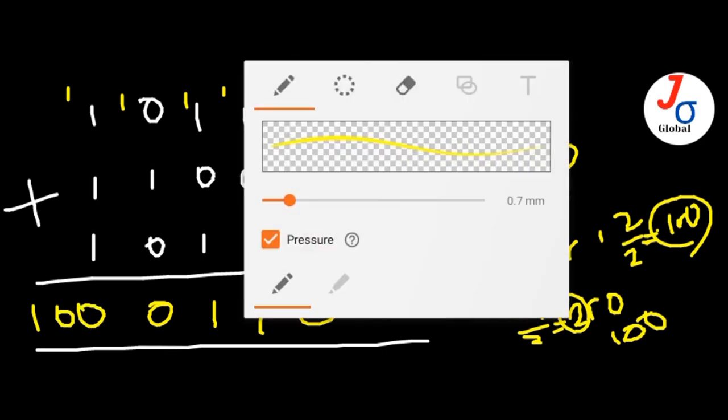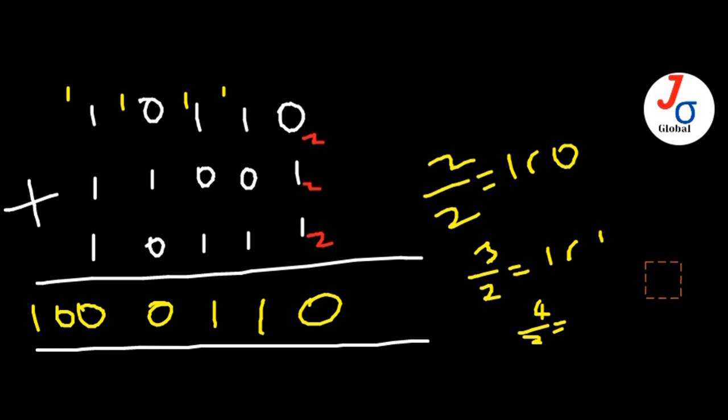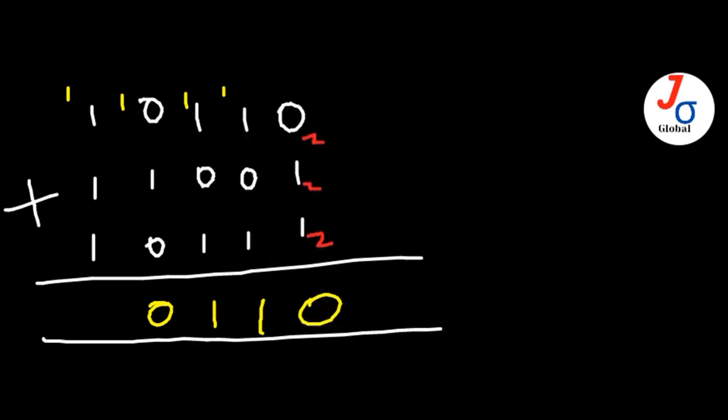So let me do that explanation again. 1 plus 1 plus 1 plus 1 is 4. So 4 divided by the base, which is 2, gives us 2 remainder 0. So I'm going to break this down. It's still not less than 2, we don't want that.